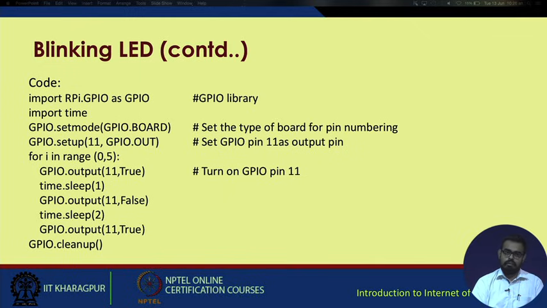It will sleep for 1 second, and again it will send a low bit to the output pin. So the physical output will be once the high bit is reached, your LED will glow, then it will wait for 1 second, then once the low bit is reached, it will turn off, and again it will sleep for 2 seconds and then turn on. At the end, you do this cleanup operation to release the GPIO pin.